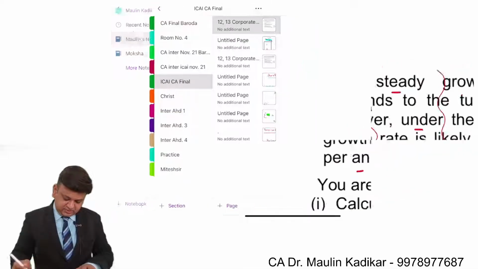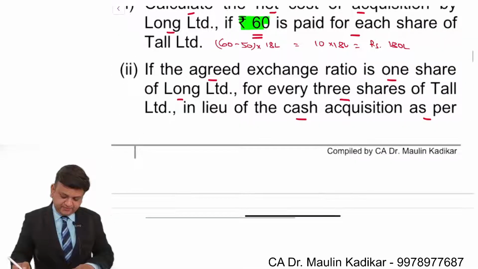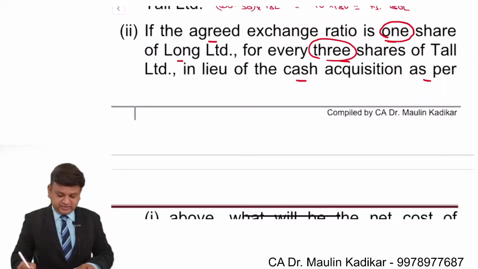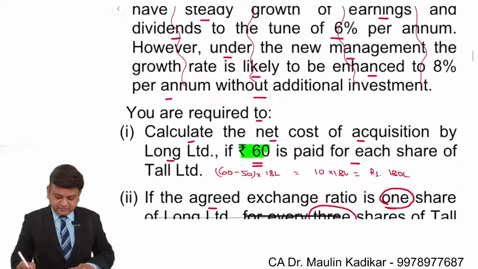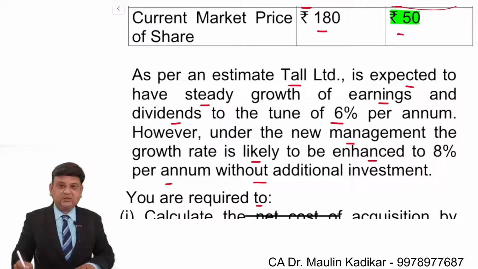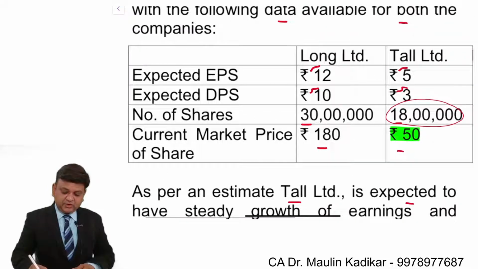Second part of the question. The question speaks that the exchange ratio is 1 for every 3 shares, so we can say it is 1 by 3. Whenever the question speaks about the consideration being discharged in the form of equity shares, then we are required to compute the market value of the merged firm. In order to compute it, we first have to compute the revised market price per share of Tall Limited.